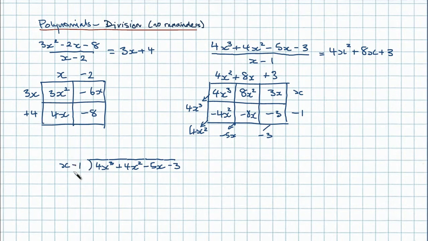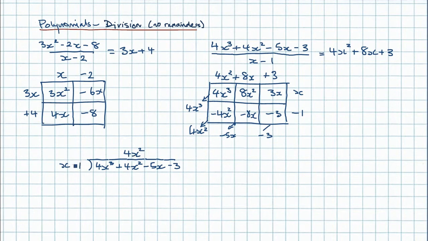We're going to come back to that, but the method is to use the first term, in this case the x term. Okay, so x into 4x cubed gives us 4x squared. I'm going to place it up here, you don't have to, but it seems nice to line it up. And then just as we did with traditional long division, we multiply back out again, but this time include this term.